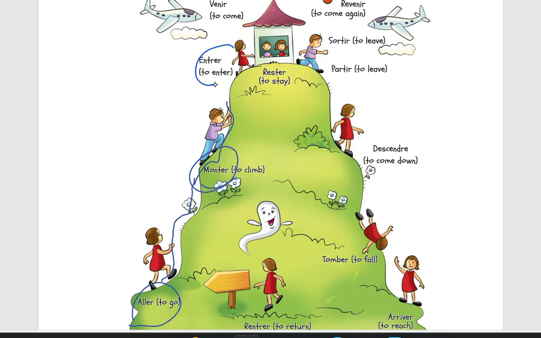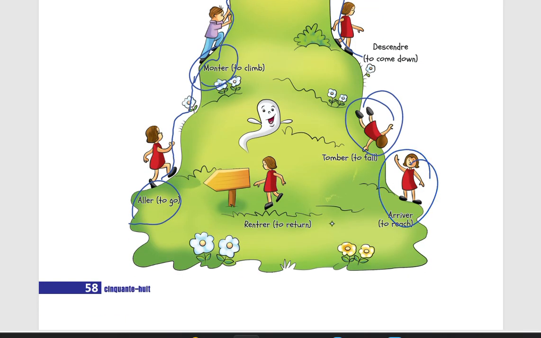Monter. Then entrer, venir, revenir. From here, rester, then sortir, partir, descendre. Okay, tomber, arriver, rentrer. So these are the verbs which are conjugated with the verb être.